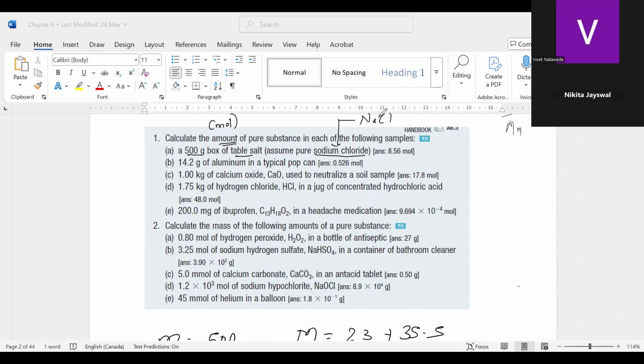Perfect. So can you calculate the molar mass? I got 63.